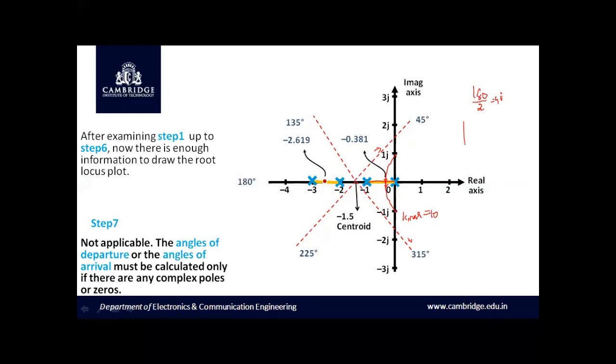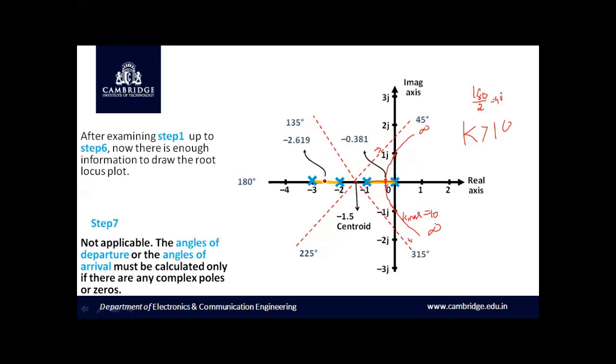And when k exceeds 10, these roots cross the imaginary axis and reach the right half of the s-plane, which makes the system unstable. And finally, it reaches infinity.